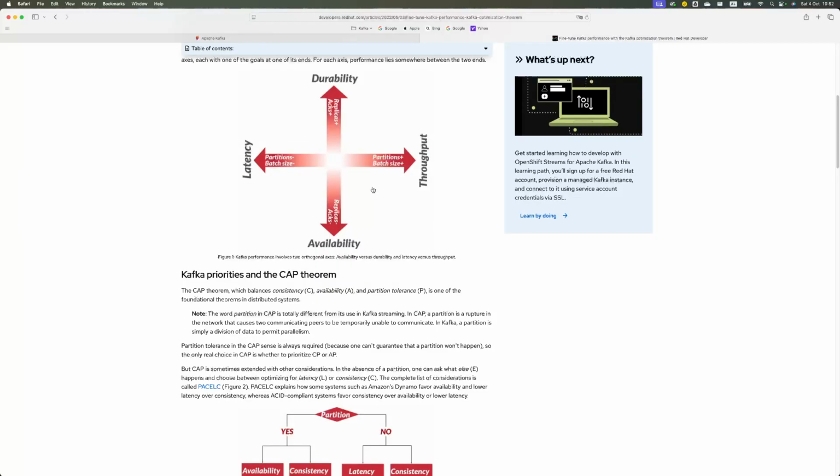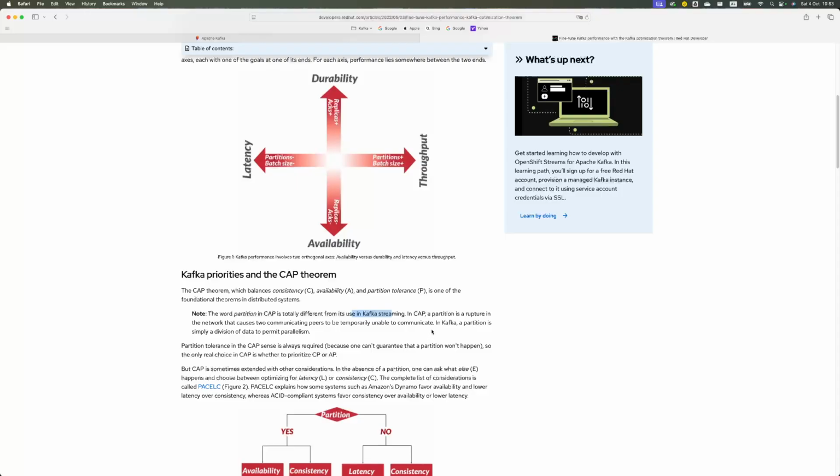But before we go on, we have the CAP theorem, okay? It means the balancing between consistency, availability, and partition tolerance. But we have a note here. If you use Kafka, partition tolerance is a different concept from partitions in Kafka, because partitions are the way we organize the data for parallelism in Kafka.